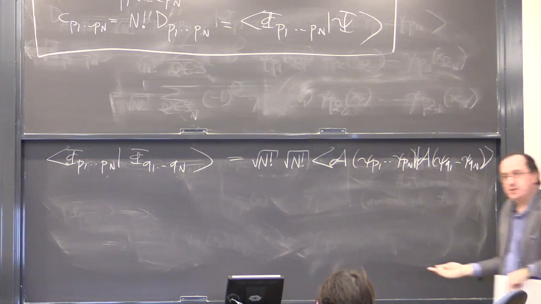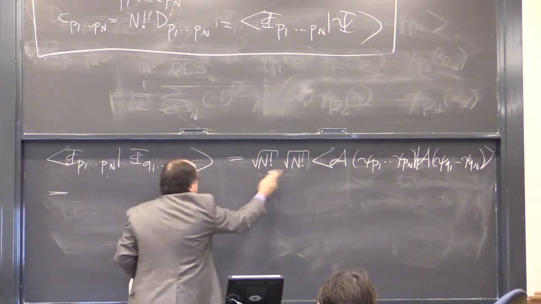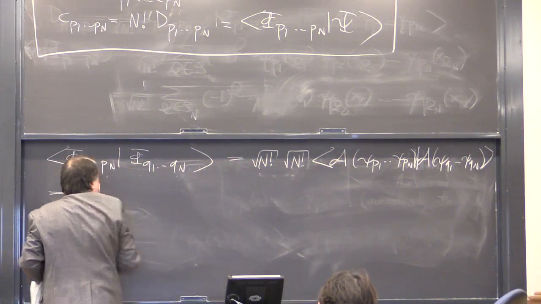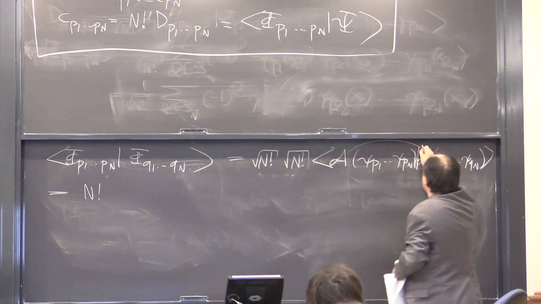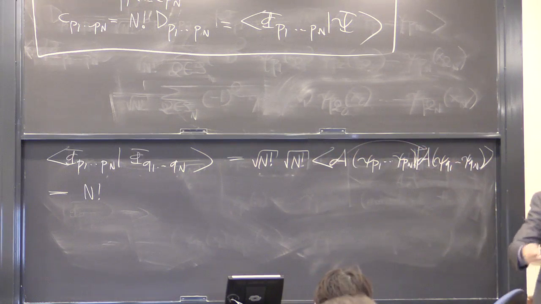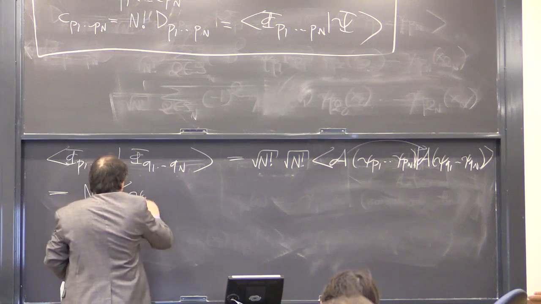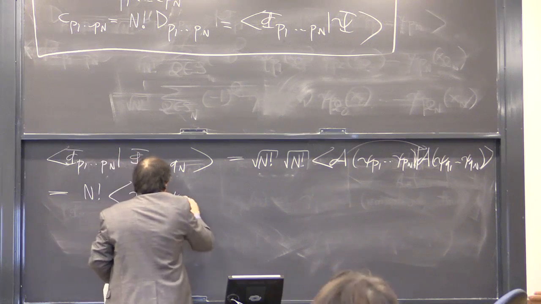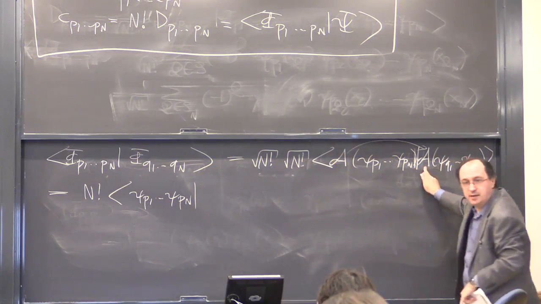Now I'm going to manipulate this expression a little bit. So obviously the first one is trivial. That's n factorial. So that's it. And then I'm going to use the turnover rule. That is, I'm going to move A over here. We know A is Hermitian, so I can do it almost immediately, right? So we have then psi p1 through psi pn, and then what you end up with here is A squared.